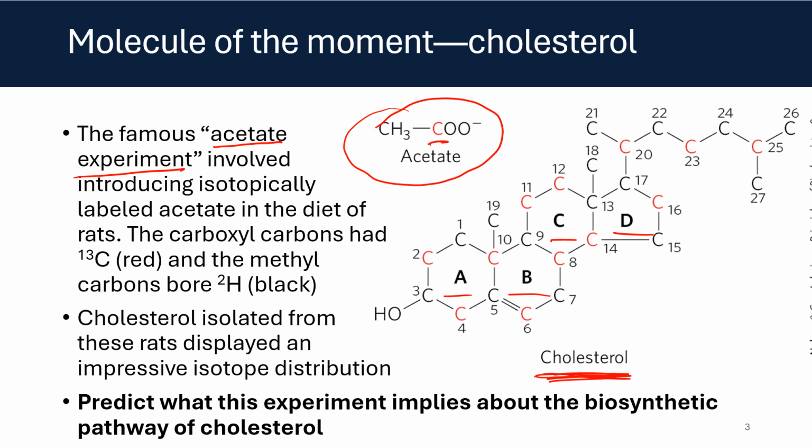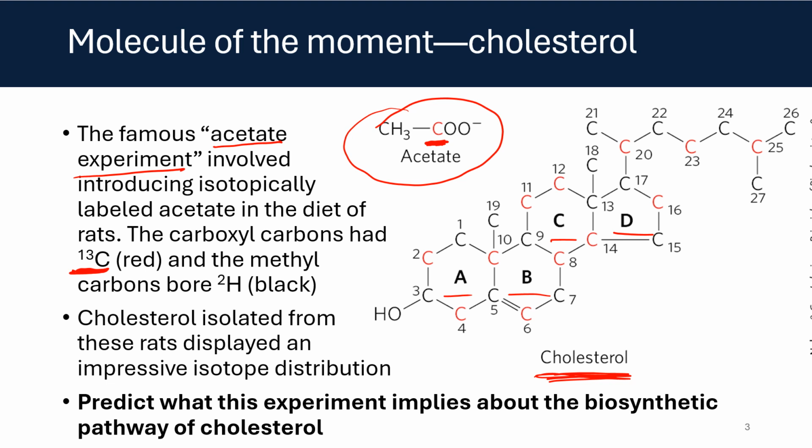Take a look at this carbon. I've colored it red. It may be hard to see, but that's indeed a red colored carbon. And we're coloring that COO minus carbon red for a good reason. It's isotopically labeled. We used a special heavy carbon isotope, 13C, and inserted it into that position.